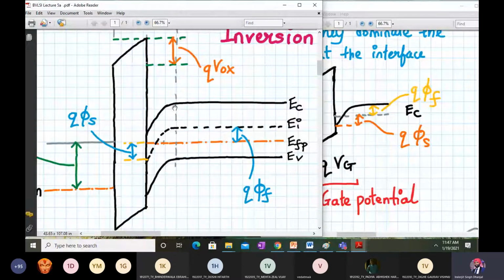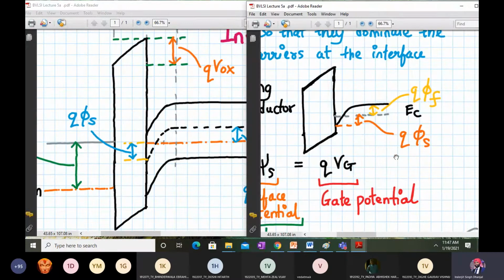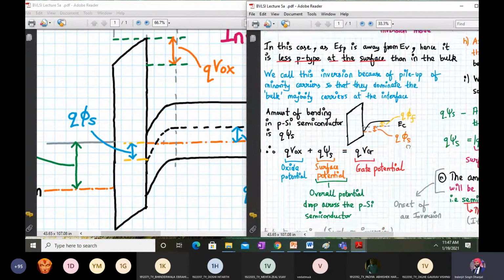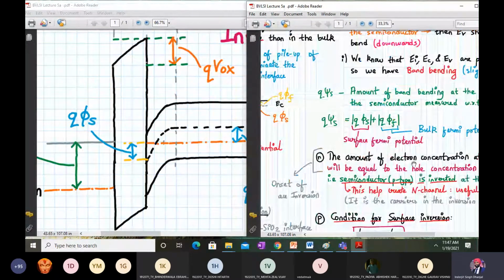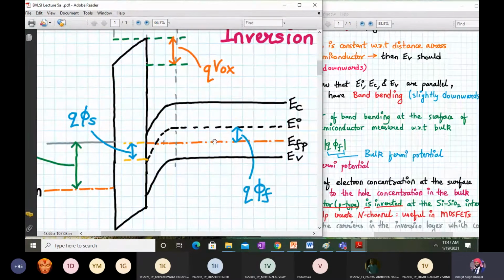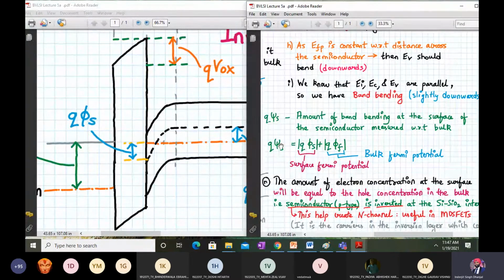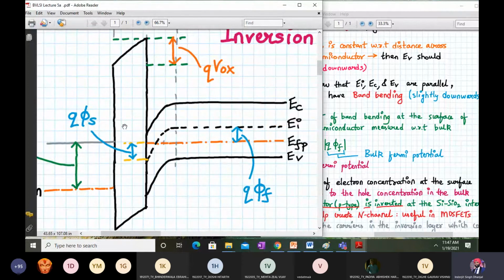Now, the total amount of band bending at the surface of the semiconductor measured with respect to bulk will be denoted as q into psi S. And I've already told you it will be the addition of q into phi F plus q into phi S, which is your bulk Fermi potential plus your surface Fermi potential.